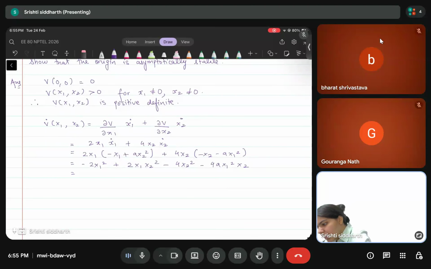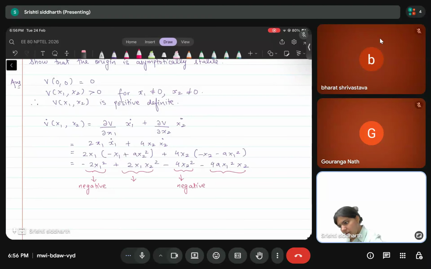Okay, so you can see that these are square terms with negative signs, but these can be positive or negative depending on x1 and x2. So these are negative, sign indefinite, again sign indefinite.